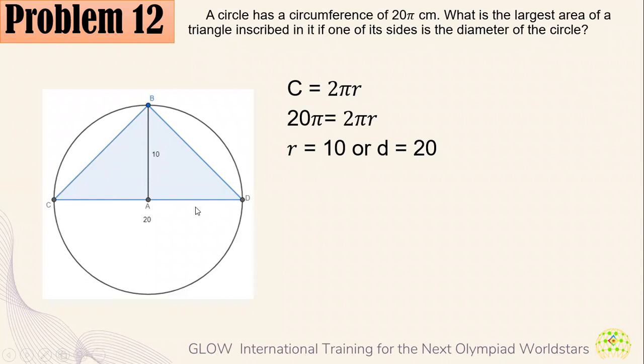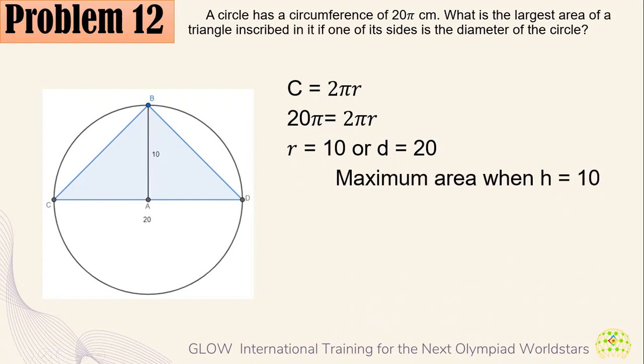But remember, since this is a diameter, the longest possible height is the one that connects the center and a point on the circle, and the radius that you draw should be perpendicular with your diameter. Hence, the height here will be your radius, or 10 units.